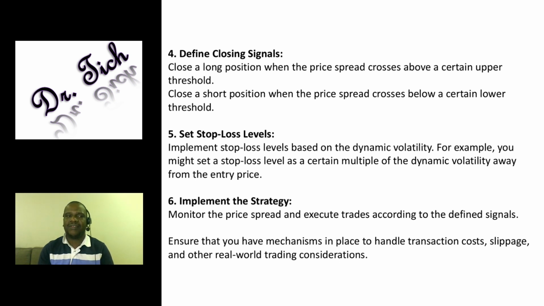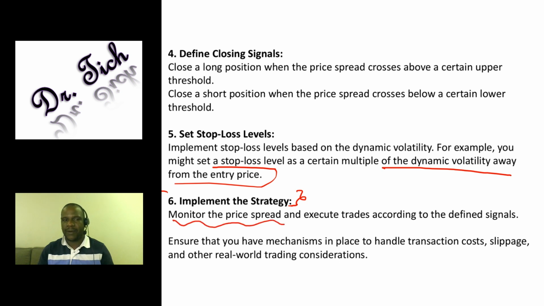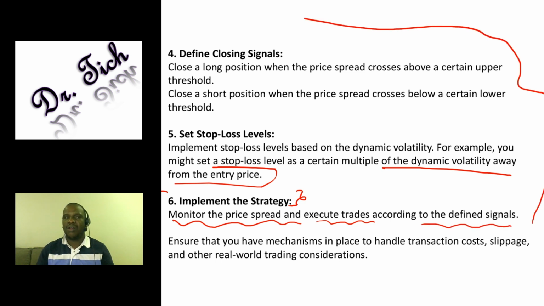For example, you might set a stop loss level as a certain multiple of the dynamic volatility away from the entry price. Then only after that you start implementing your strategy. You monitor the price spread and execute trades according to the defined signals.